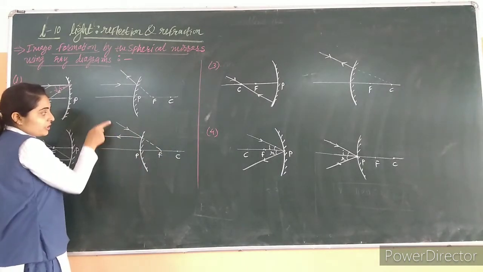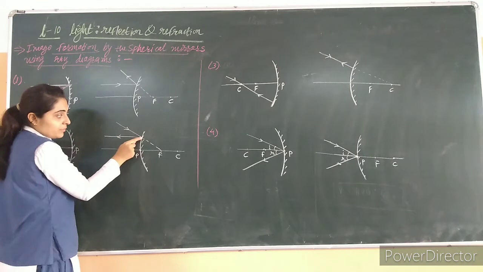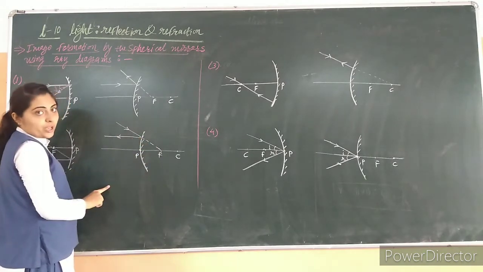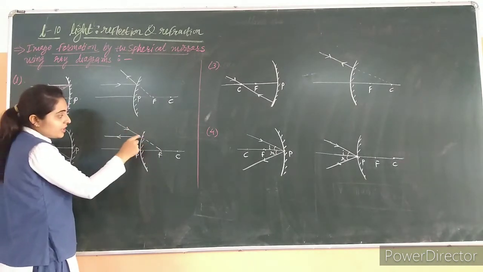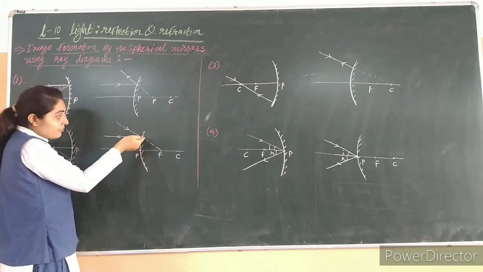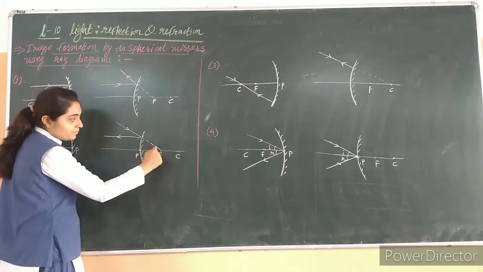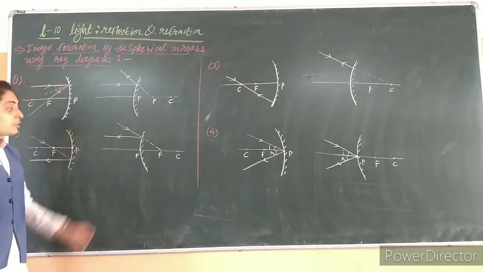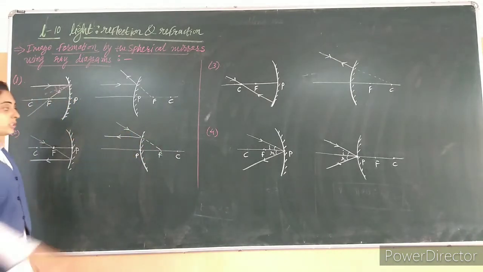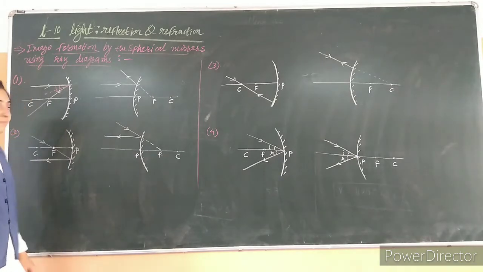For the convex mirror, if the ray is coming in this direction looking like it is passing through F, after reflection it becomes parallel, because it looks like it is coming from F.